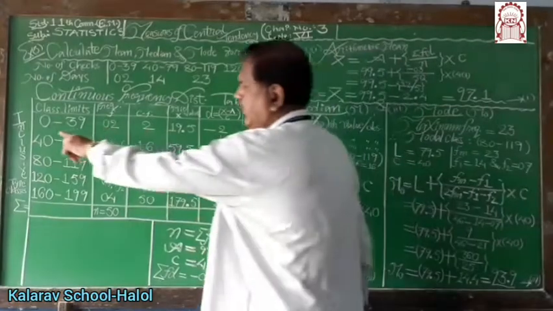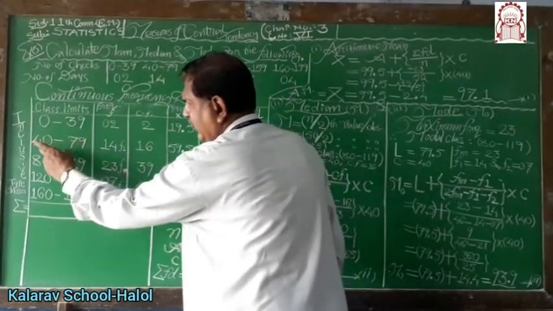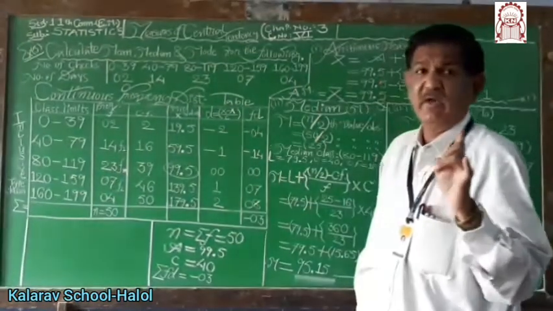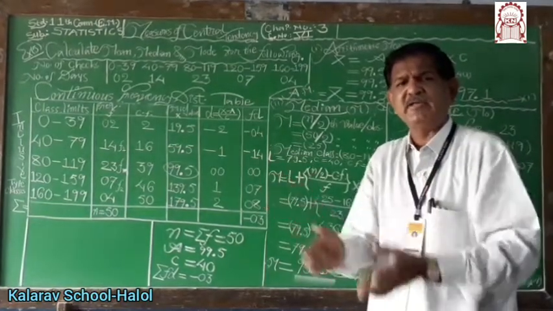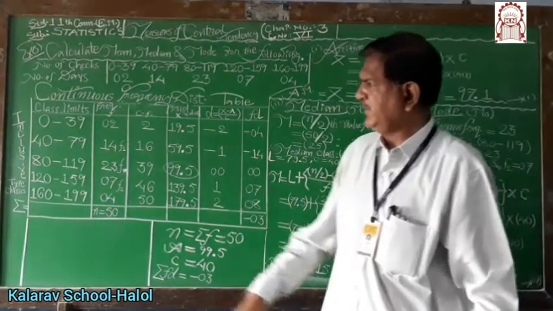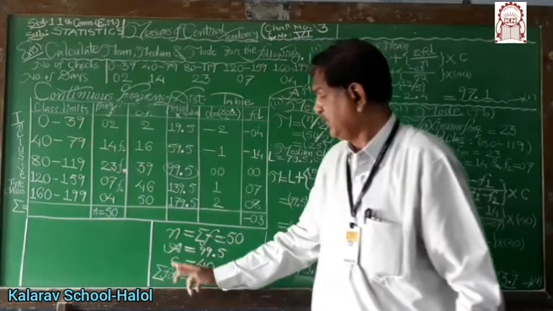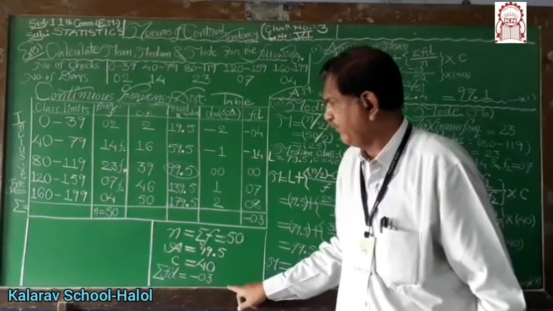Because 40 is also calculated, 79 is also calculated and the values in between are also calculated. Therefore the class interval remains unchanged in both exclusive type and inclusive type. Mind well, some students make the mistake of writing C equal to 39. No, it is wrong. C should be taken as 40.